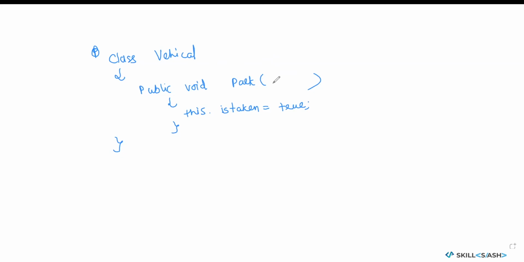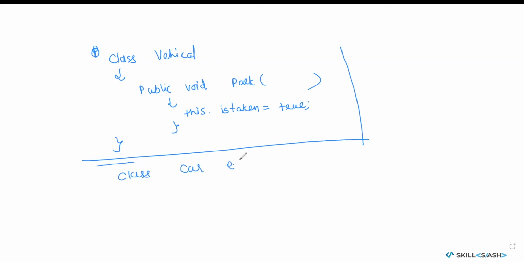Let's say you are calling it in such a way. Okay, in a simplistic way, it can be more complex, but in a simplistic way it can be used like that. Now let's say you're calling some other method or you're using some other class, car, which extends vehicle.